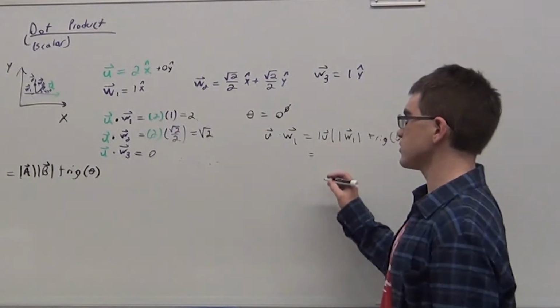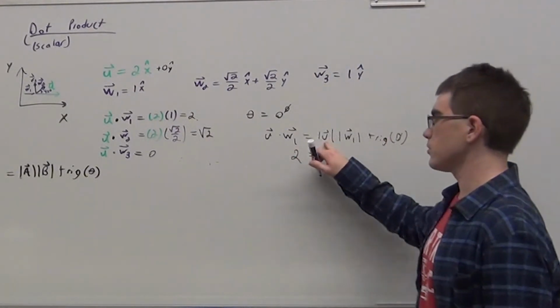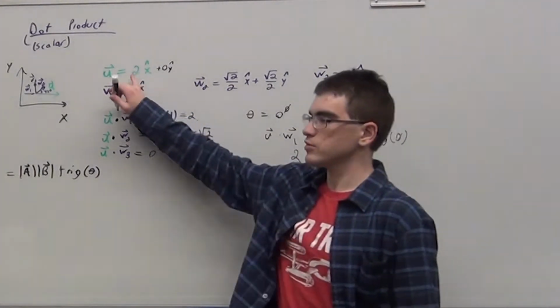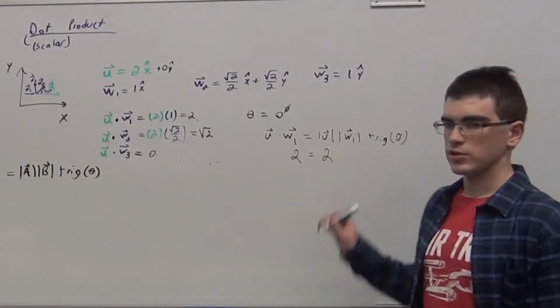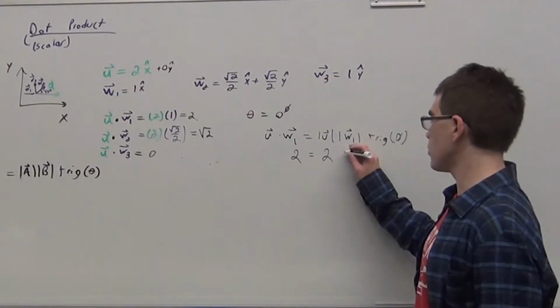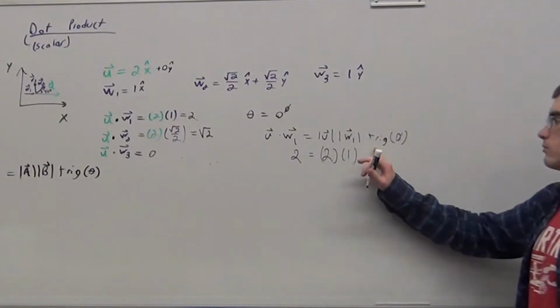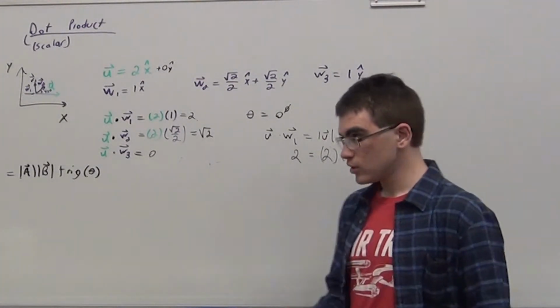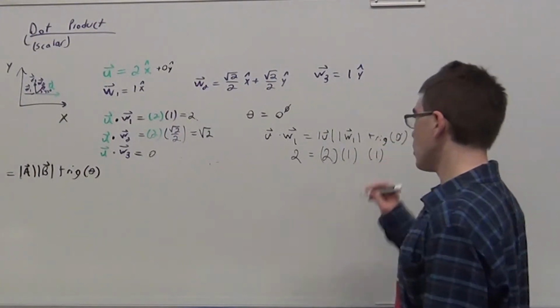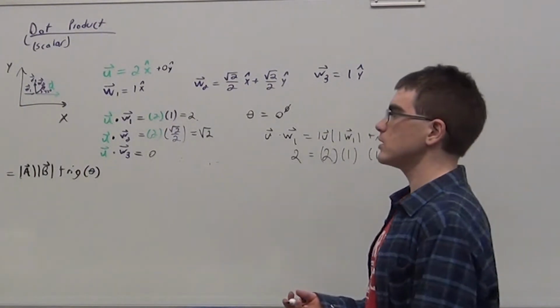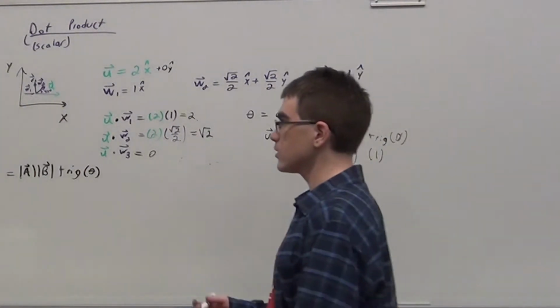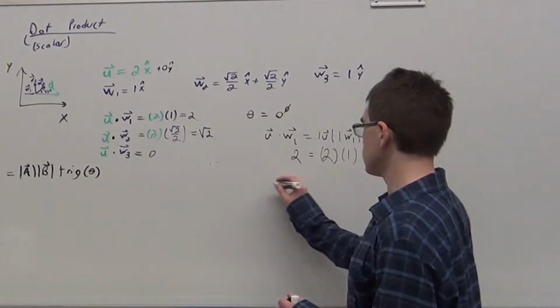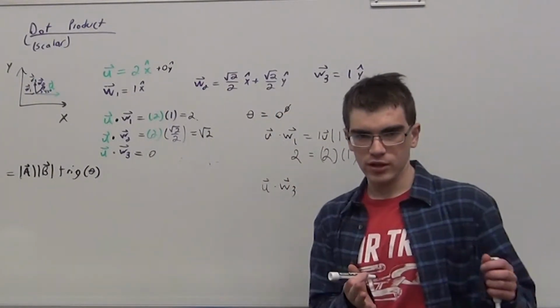Well, we know this is equal to 2. The magnitude of U is always 2. The magnitude of W is always 1. So we want the trig function of 0 to be equal to 1.